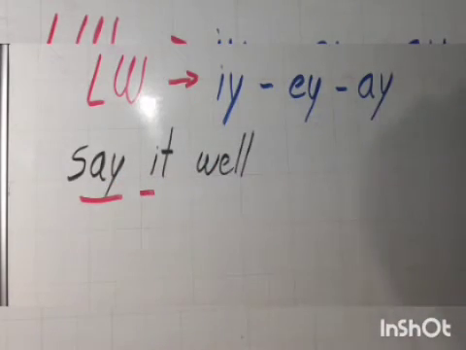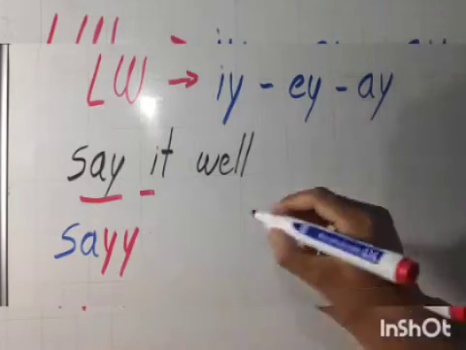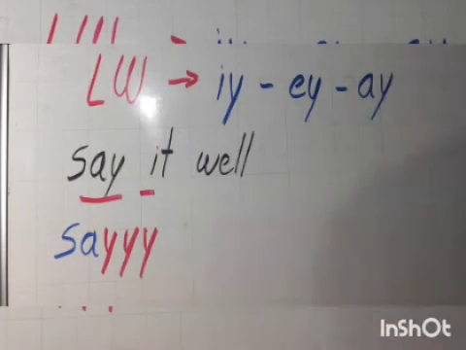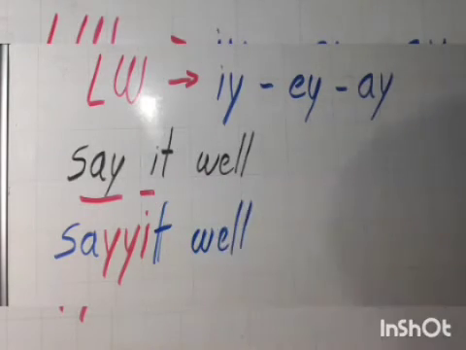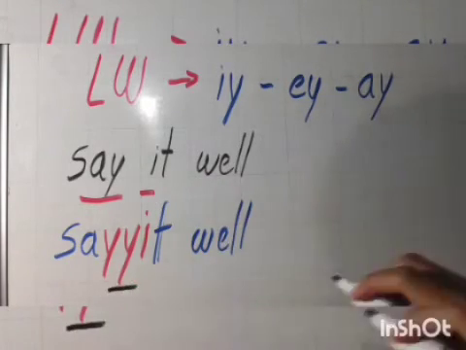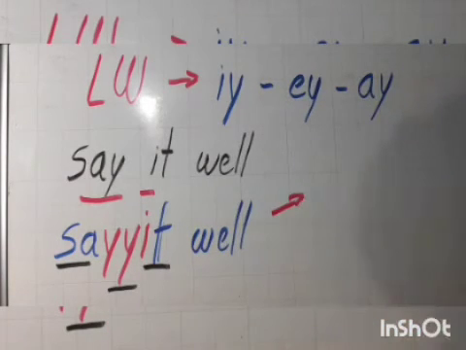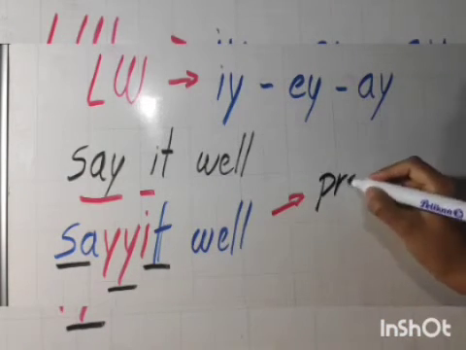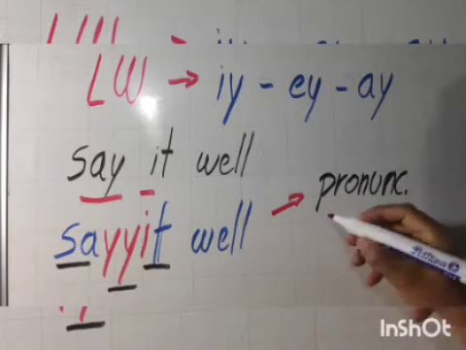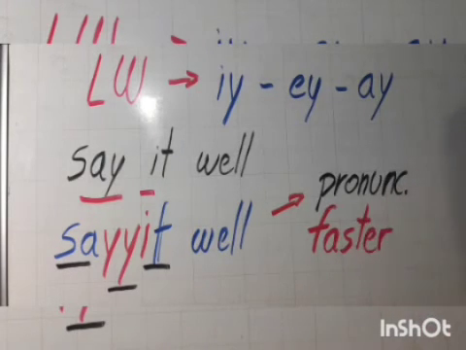We have to add another Y sound between say and it, and the complement well. We have to take into account again the moment of pronunciation. This is another kind of faster pronunciation.